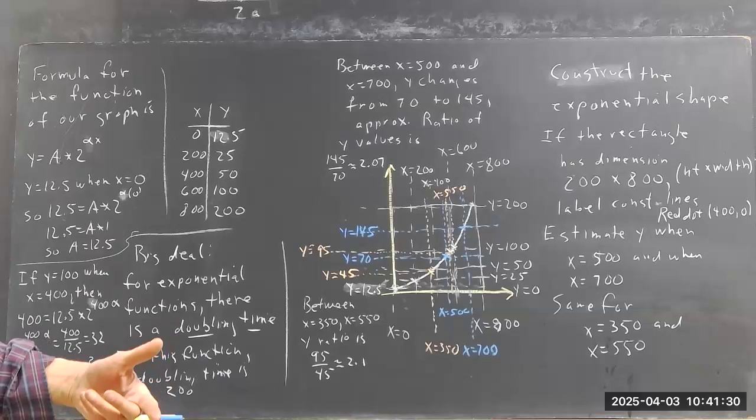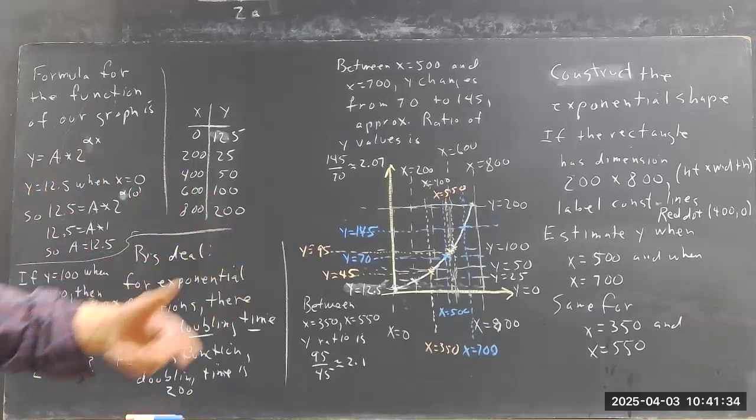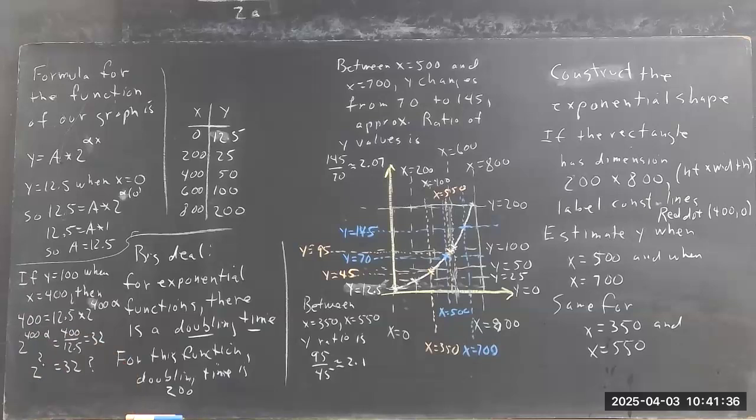Multiply that by another 2, you get 8. Multiply that by 2 again, you get 16. You multiply it by 2 again, you get 32. So 5 is the power of 2. 2 to the 5th equals 32.